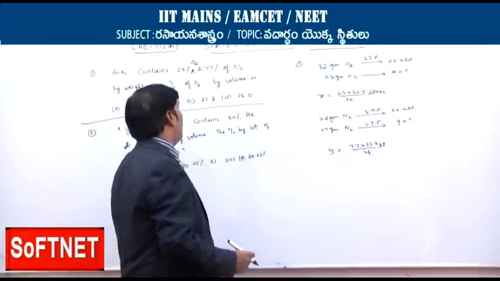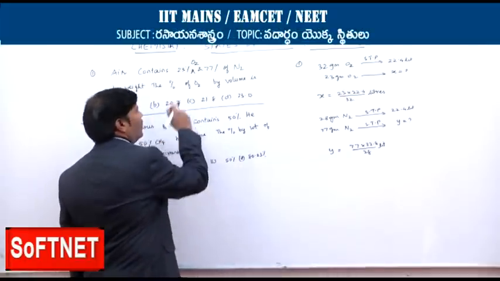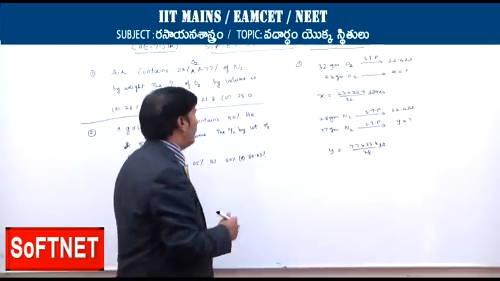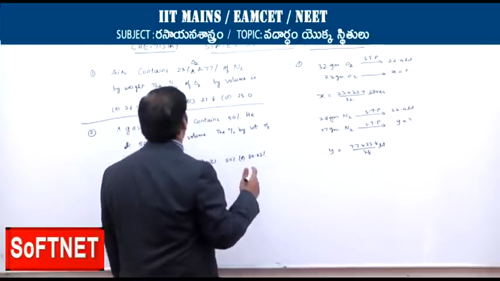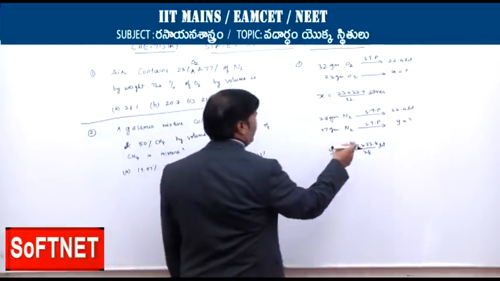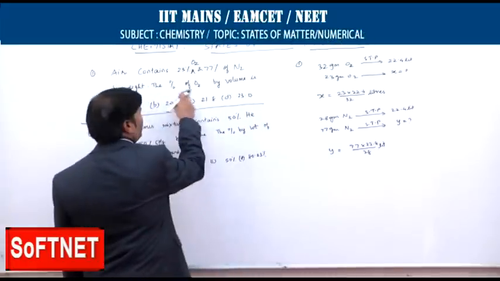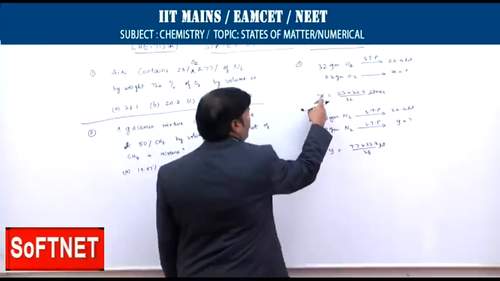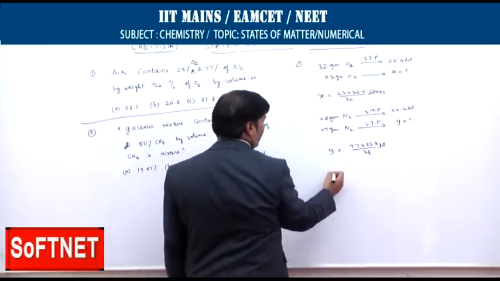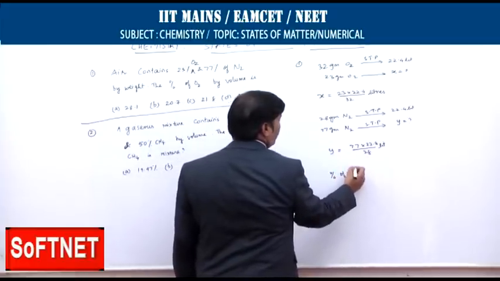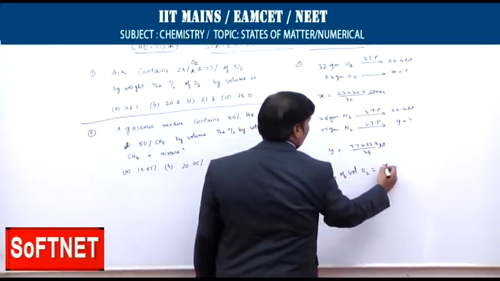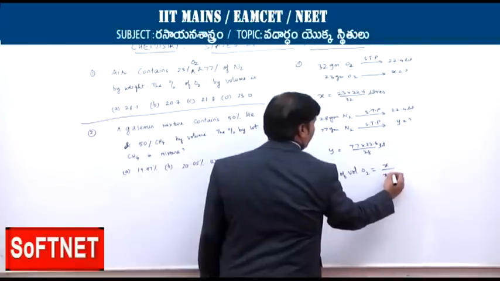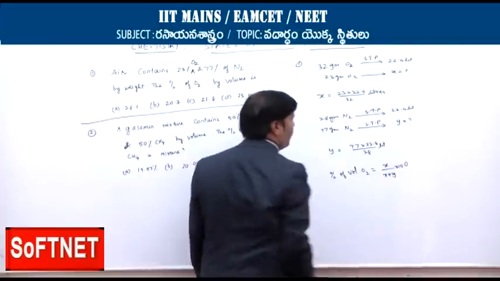Because it is asking the percentage by volume of oxygen, the percentage of volume of O2 is equal to X by X plus Y into 100.